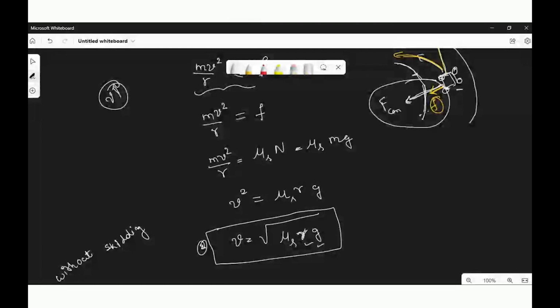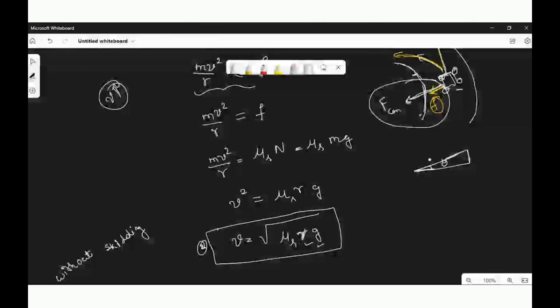So for that, the road itself is made banked. From the inner edge to the outer edge, you slightly lift it up, so the outer edge will be at a slightly higher point compared to the inner edge of the track.